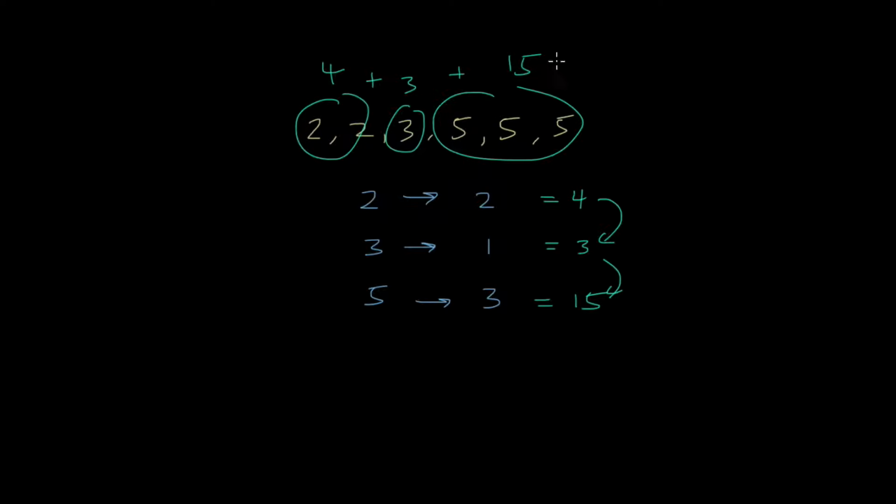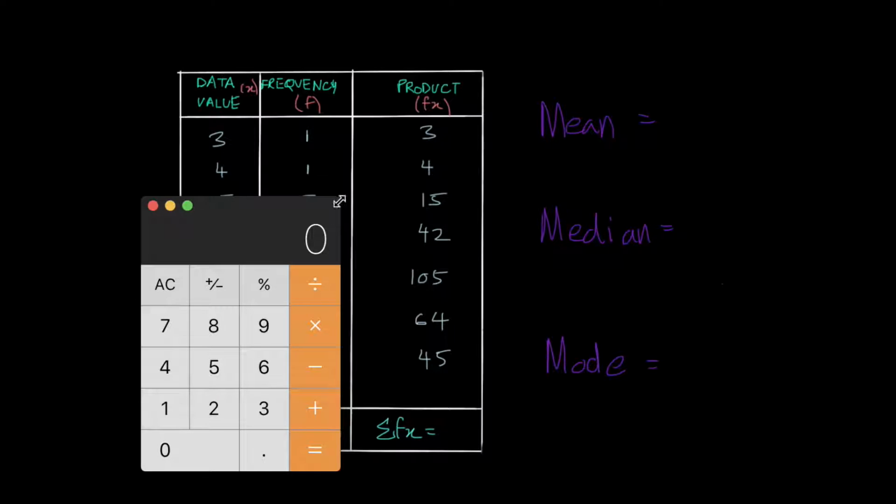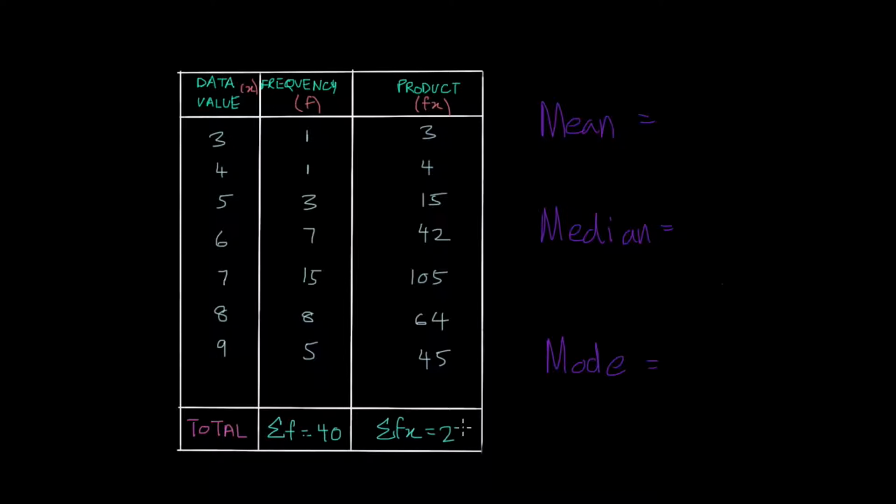And it's very similar to what I did here, 4 plus 3 plus 15. So by adding the products, I'm actually just adding all the terms. Okay, so that would be, let's see, 3 plus 4 plus 15 plus 42 plus 105, 64, and 45. So that gives me 278.